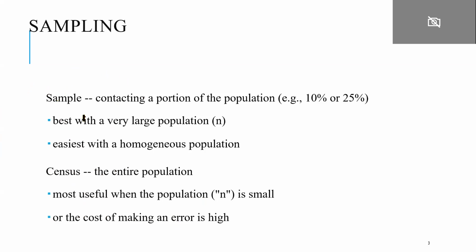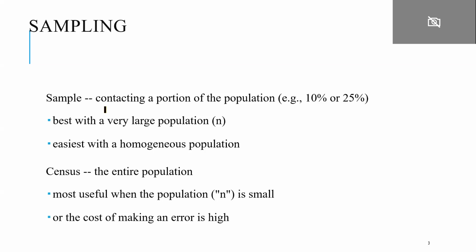Researchers generally perform a sample when you have a very large population, and your work will be done by collecting data from only 10% or 25% of your population. When you have a very large capital N, the population size is very large. It is easiest with a homogeneous population. When there is a lot of homogeneity in your population, it will be easy for you to collect data.